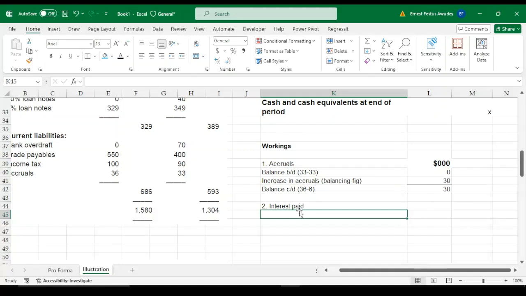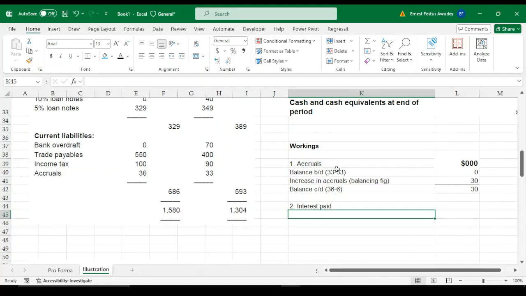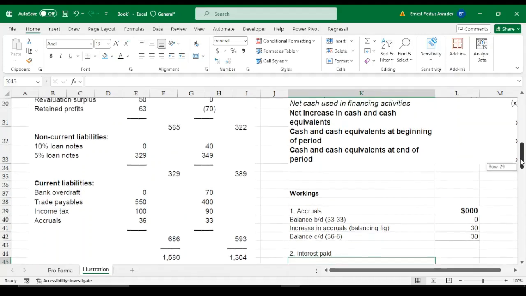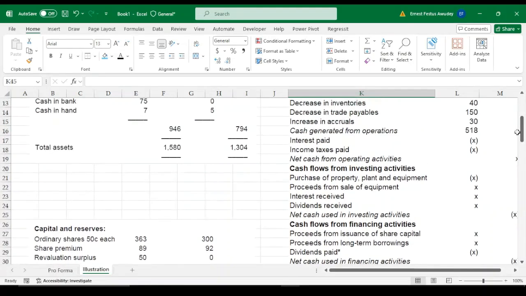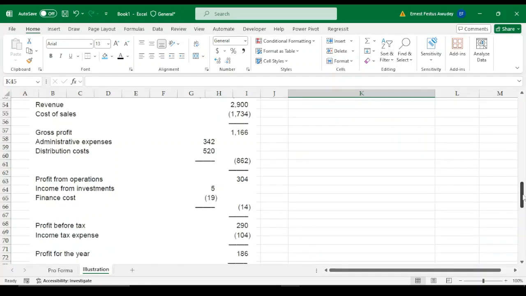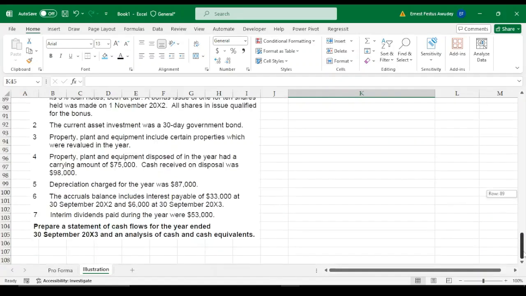So what is the beginning period of our interest? When we look at the additional information, we've been told that our interest payable balance at the beginning of the period, that is 30th September 20x2, is 33,000.